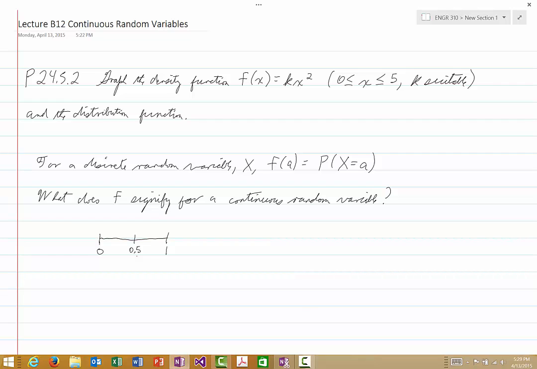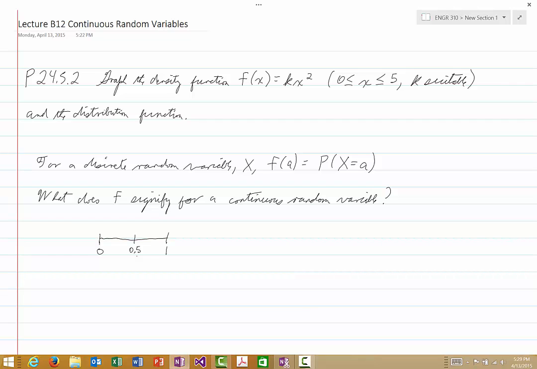And let's suppose that we want to know the probability that the dart hits 0.5. What would that probability be? Well, remember, when we say that the dart hits 0.5, we mean actually that it hits 0.5000000 and on forever with zeros. We don't mean 0.500000001. That's a different number. We mean 0.5 and then zeros forever after that.